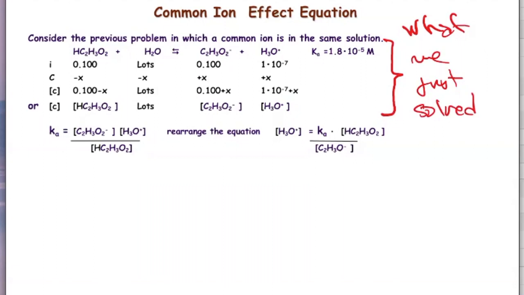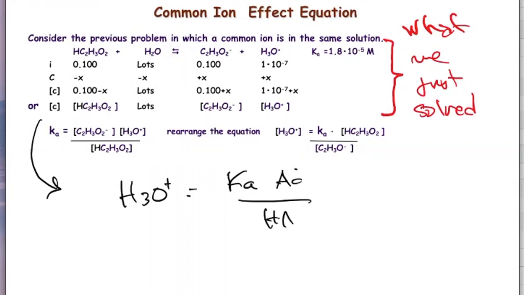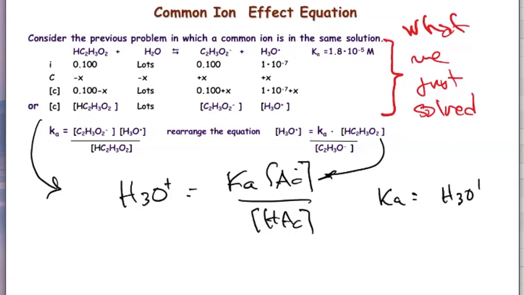Remember that from all of this, we said that the hydronium ion concentration was equal to the Ka times the conjugate base over the acid. So that's the acetate ion. That goes back to this right here. Ka equals hydronium. Okay, I got that backwards. Let me erase that real quick. Sorry.